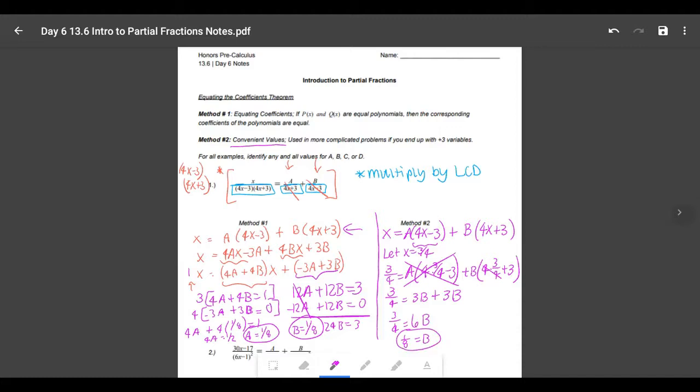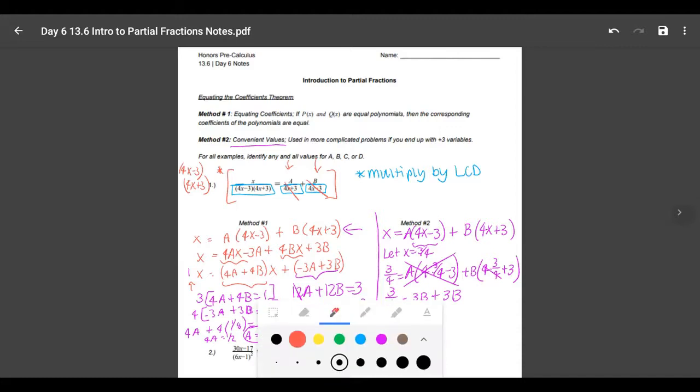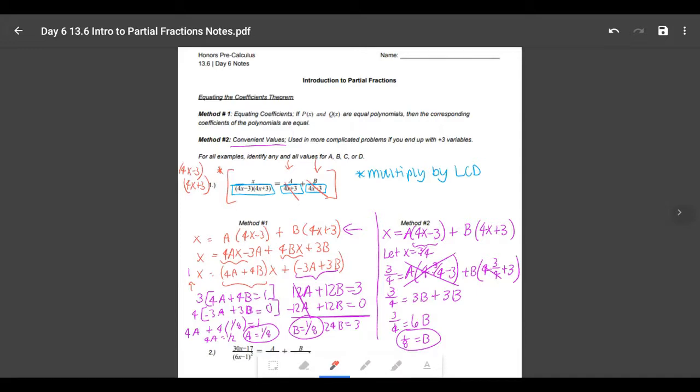All right, and then we're going to do the same thing, but with something to eliminate this binomial. So what number could I put in for x if I put in negative 3/4? All right, so I'll do this up here.